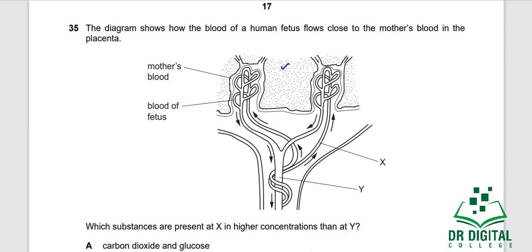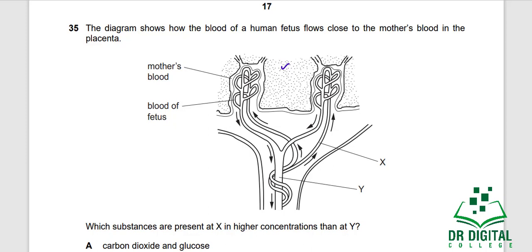Okay, so X and the Y, these are the tubes. X is the branch which is taking blood towards the villi, and Y is the main tube which is bringing blood back. Which substances are present at X in higher concentration than at Y?